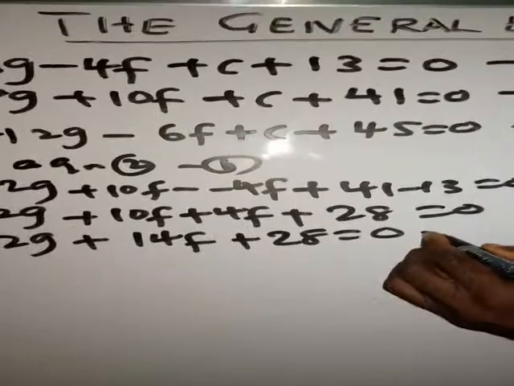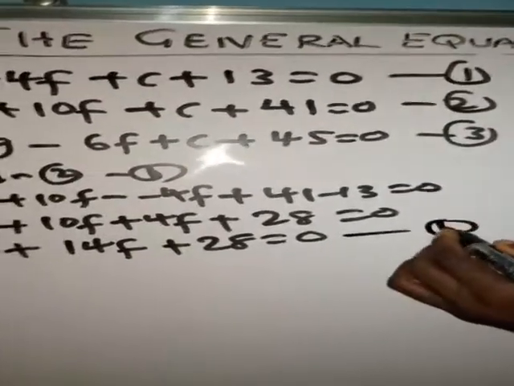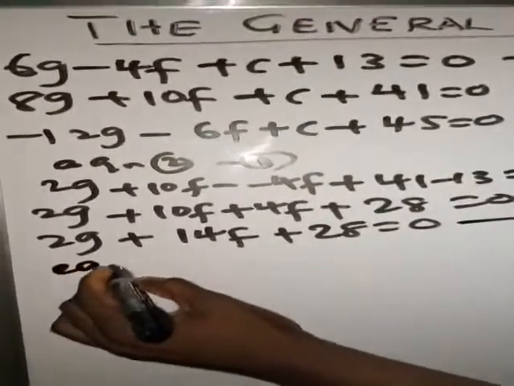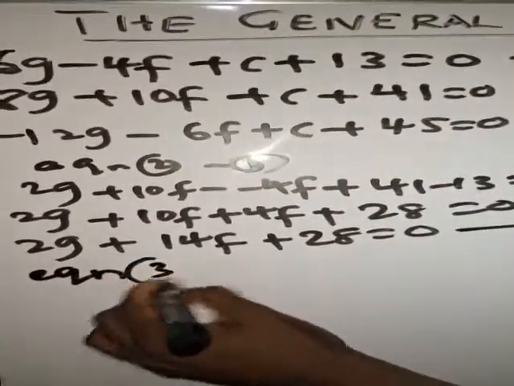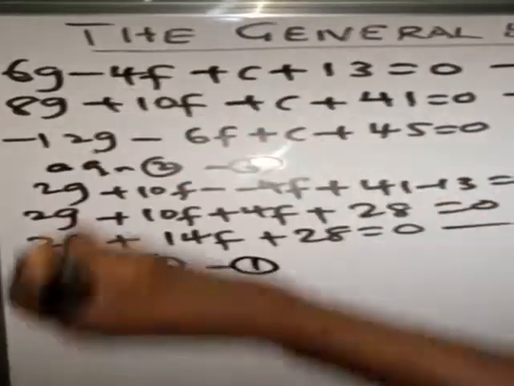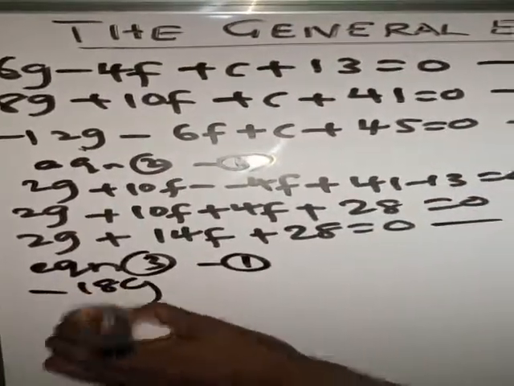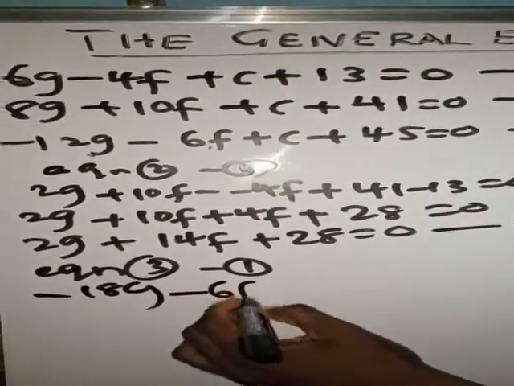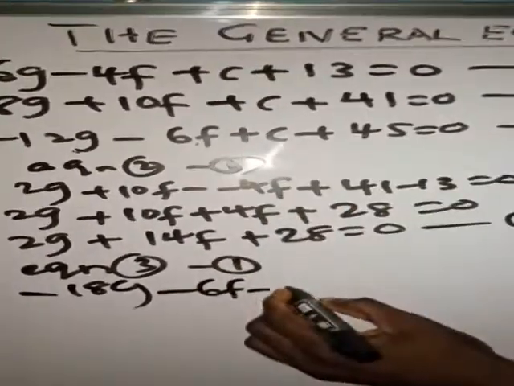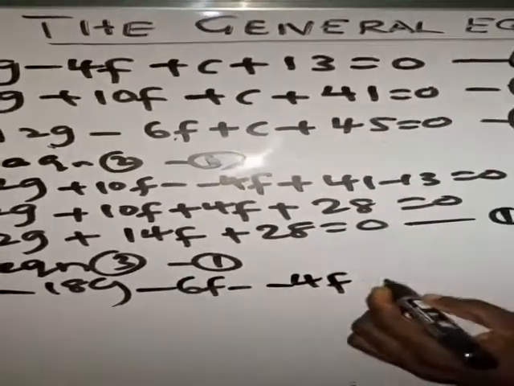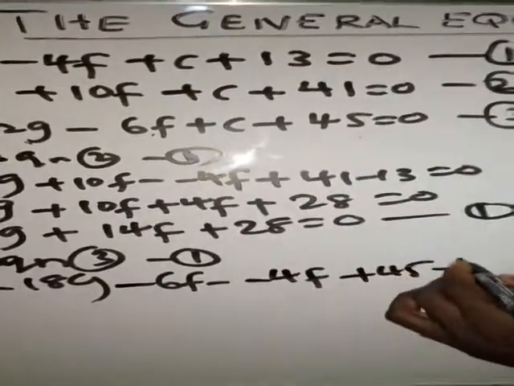This is equation 1. Now I want to also say equation 3 minus 1. You can use any equation of your choice. You can subtract any equation of your choice. So minus 12g minus 6g will give you minus 18g, minus 6f minus 4f, then c minus c is 0, then 45 minus 13.